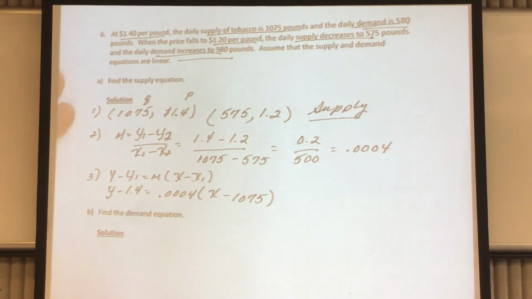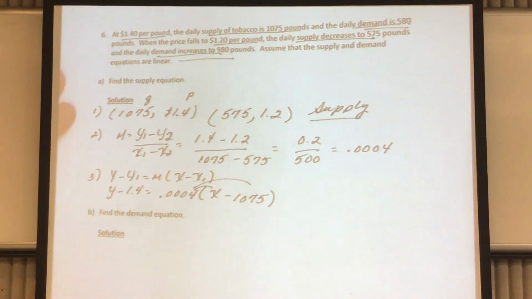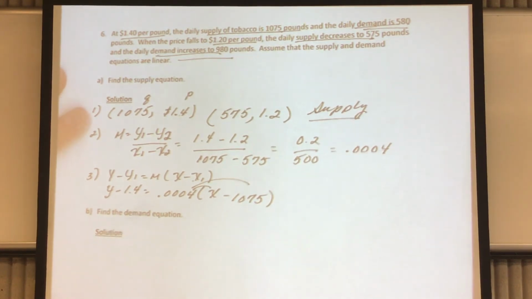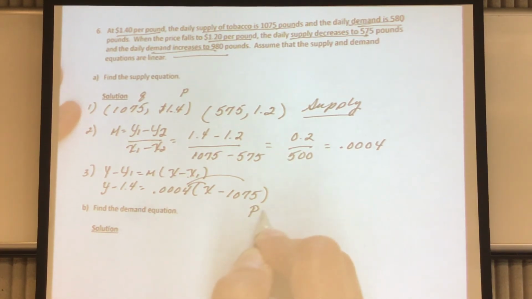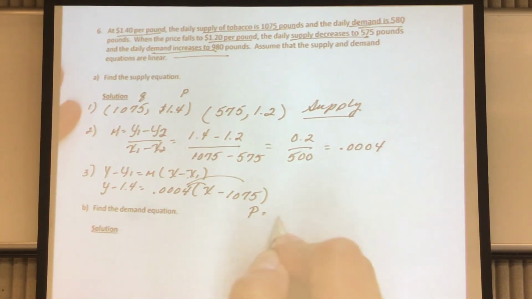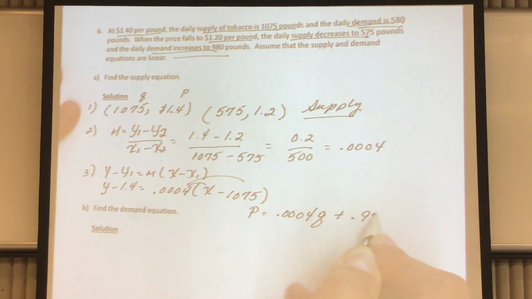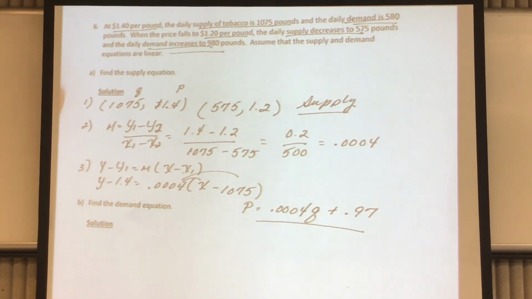So now we're going to distribute and solve for p. So once we distribute and combine like terms, we have our p, which is also equal to our y, at 0.0004 q plus 0.97. And that is your supply equation.